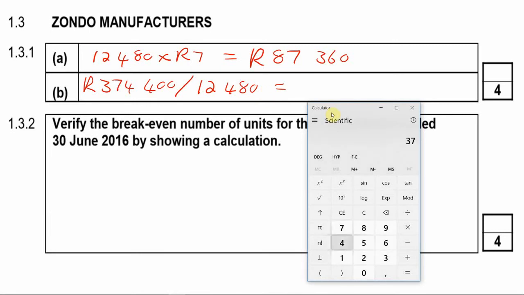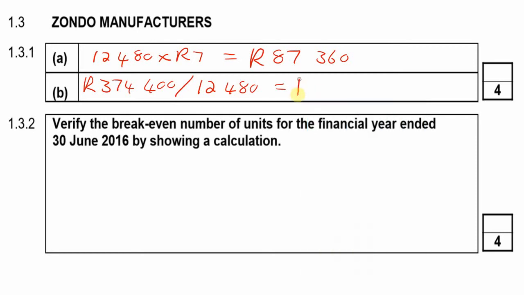So total costs divided by the number of units produced and sold gives us a unit cost of 30 Rand.